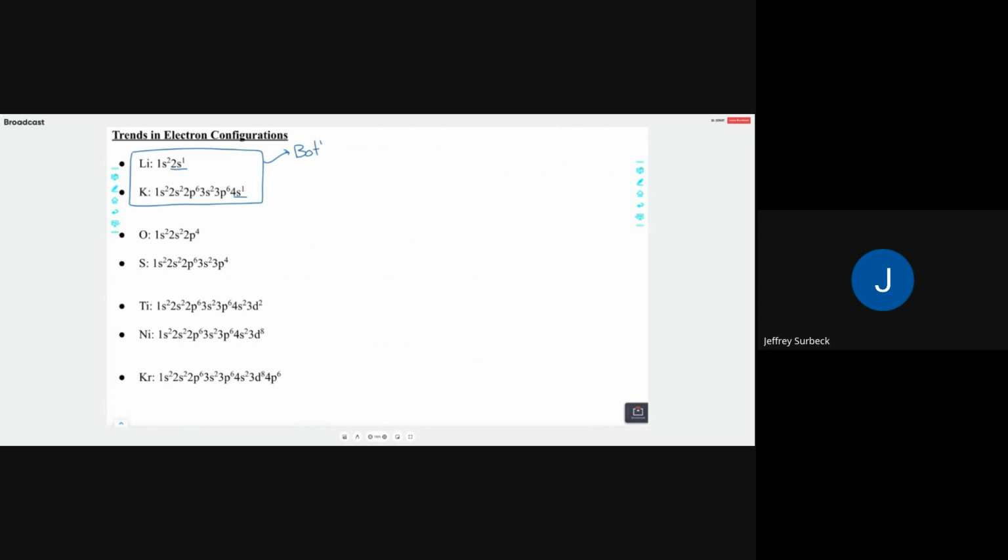An electron in its outermost energy level, okay? For lithium, it's in the 2nd energy level. For potassium, it's in the 4th energy level. But both have one valence electron, okay? And both are in group number 1 of the periodic table.